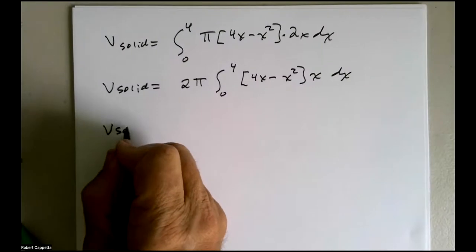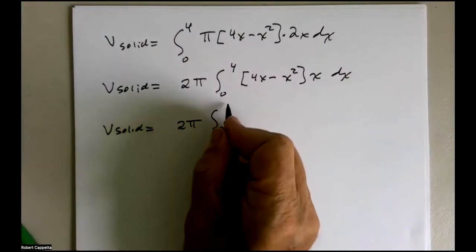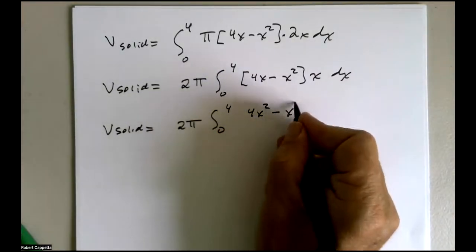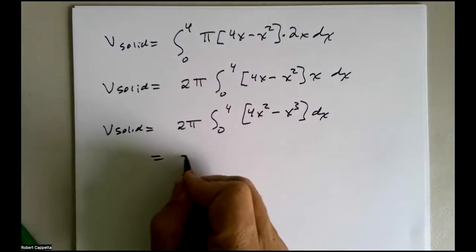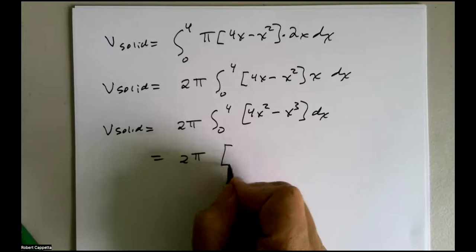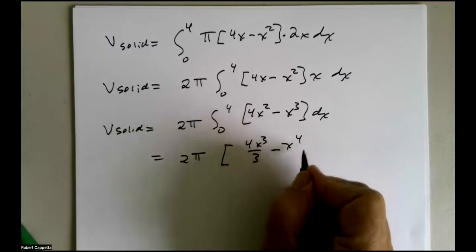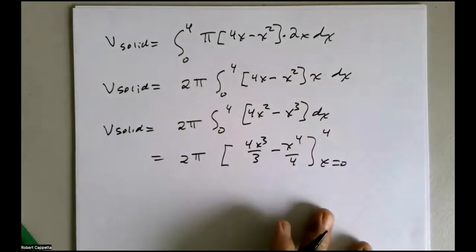So we get the volume of the solid is 2 pi integral from 0 to 4, 4x squared minus x cubed dx, which is 2 pi antiderivative 4x cubed over 3 minus x to the 4th over 4 as x ranges from 0 to 4.